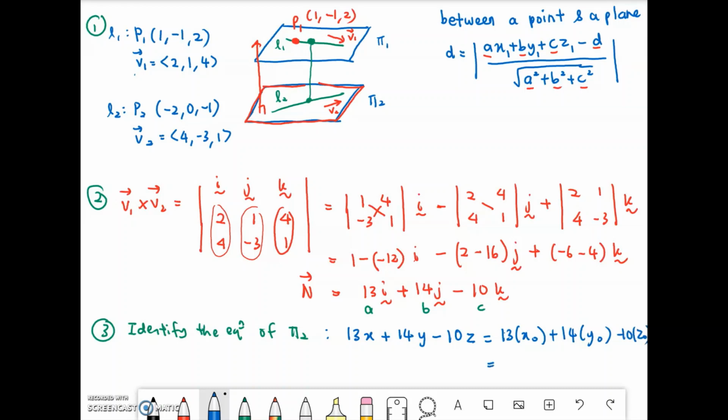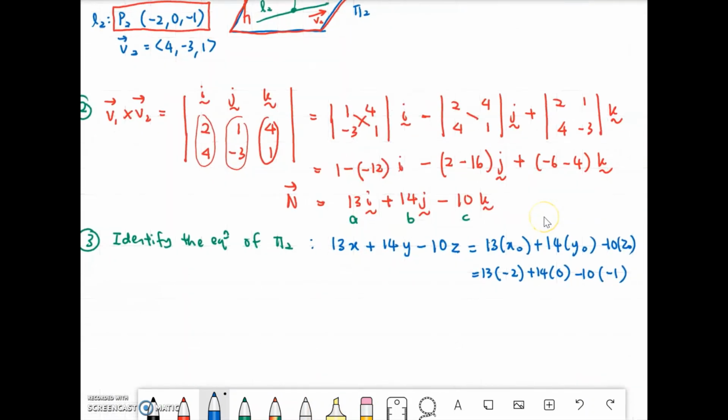Our x naught, y naught, and z naught can be taken from the point that lies on plane 2. So we just substitute x naught with -2, plus 14 times 0, minus 10 times -1.